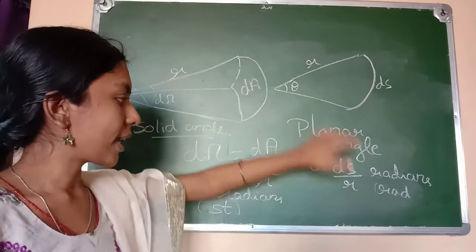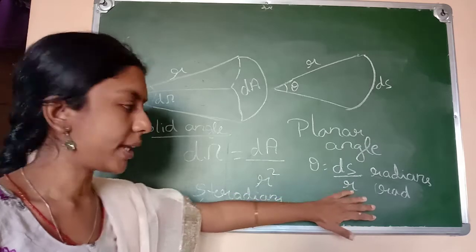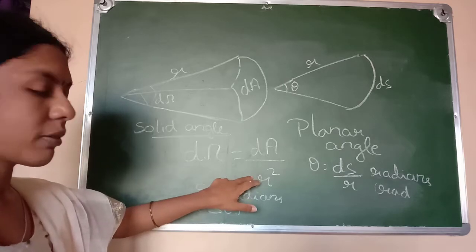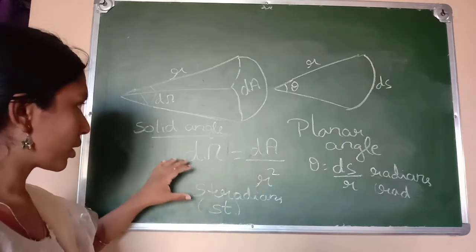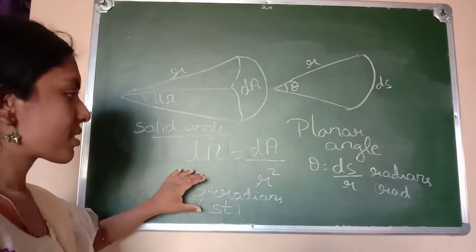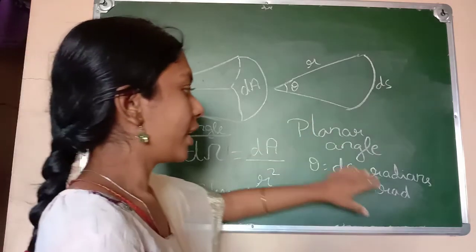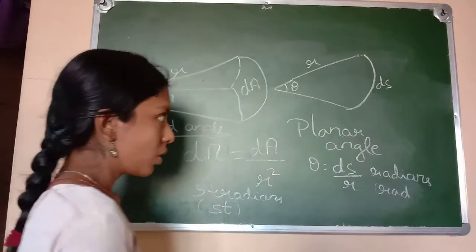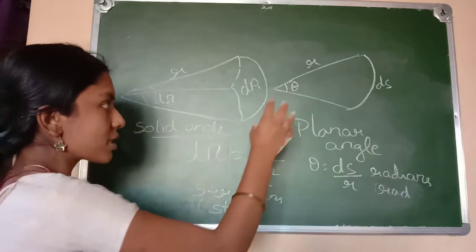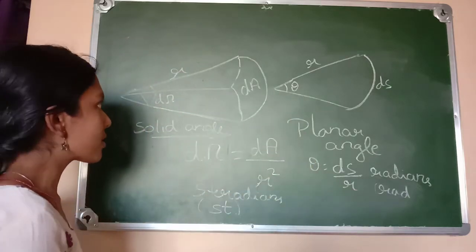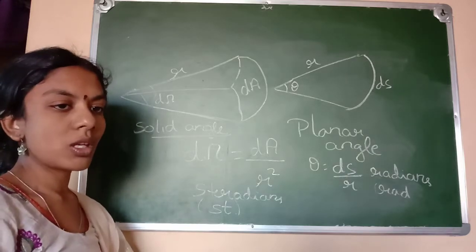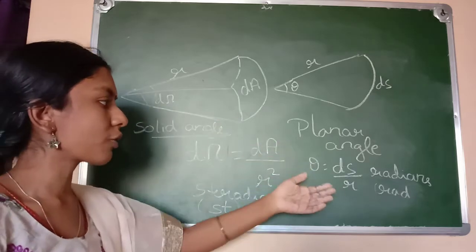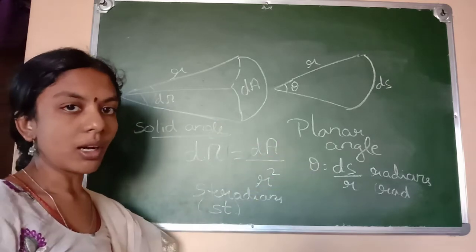Here it is just divided by the radius, whereas for the area and the solid angle, it will be divided by radius squared. So the unit for solid angle is steradians and for planar angle it is radians. Hope this is clear for you guys. Because based on these planar angles and solid angles, we are going to see different measurements, how they are used, and what the applications or uses of these angles are in our lives.